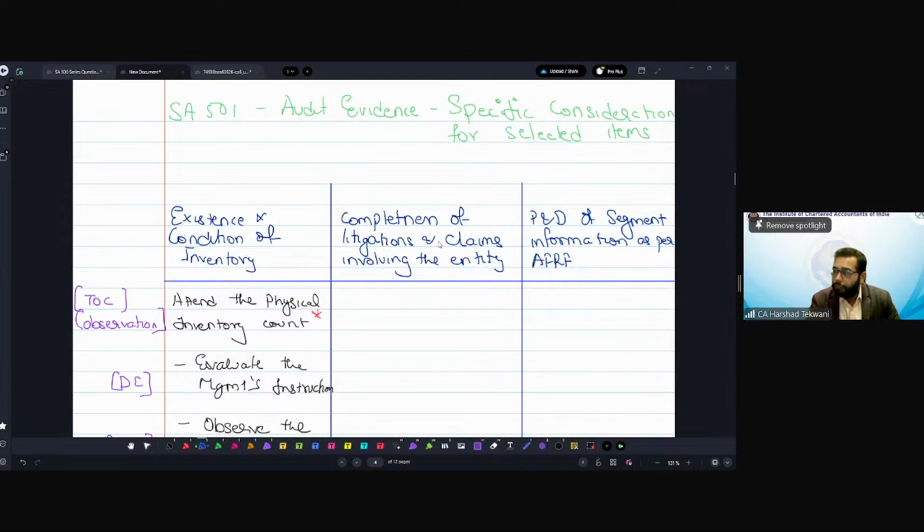See, if you have a Type 2 report with you, okay, let's say it's a service organization, and they have already carried out the audit and issued the Type 2 report. After the Type 2 report, you have the external confirmation on your inventory balance. It is not only the Type 2 report; I will also be requiring the confirmation on the inventory balance.